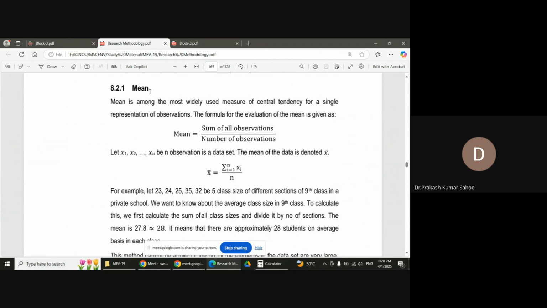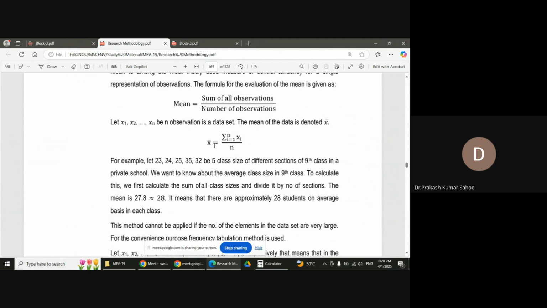Mean, as we know, is the average of all the data we have collected for a specific project work. It is equal to the sum of all observations divided by the number of observations. The mathematical formula is x bar, the mean, equal to summation of xi divided by n.